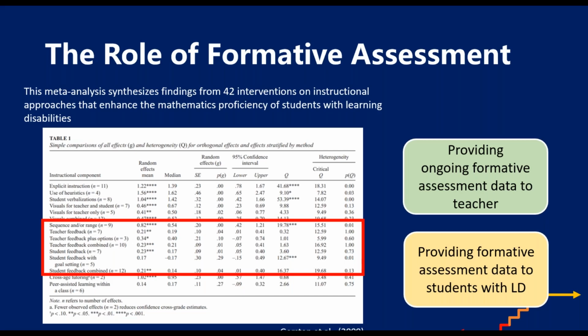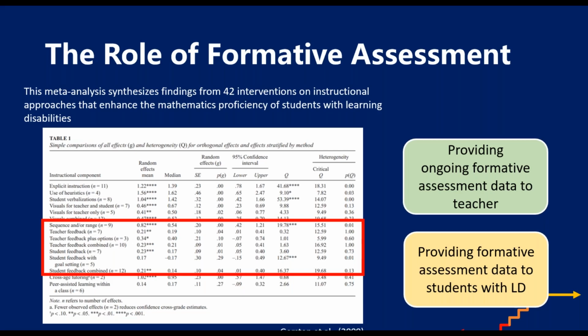And the red box highlighted represents the effectiveness of instruction which is related to using ongoing formative assessment data to provide feedback on student progress to teachers to help them fine-tune instruction to meet the needs of their students, or to provide students with information regarding their performance or effort.